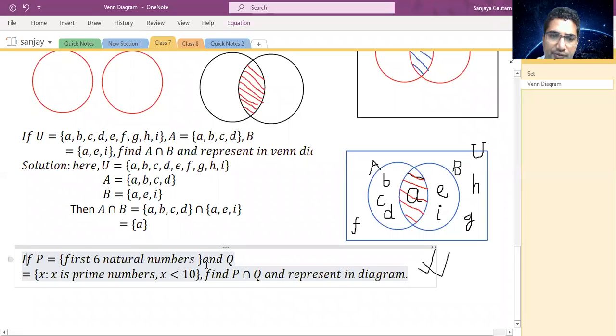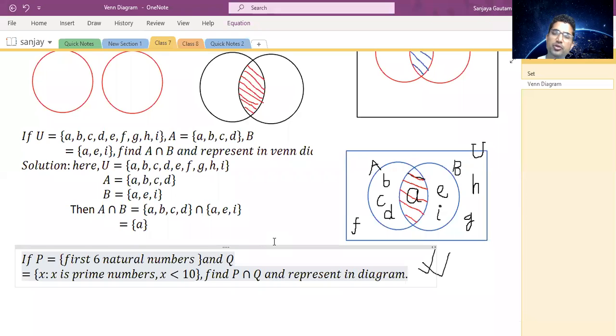Can you find this? Yes, sir. Classwork. Can you tell me P intersection Q? What are the members of P, members of Q, and P intersection Q? Can you tell me what are they?